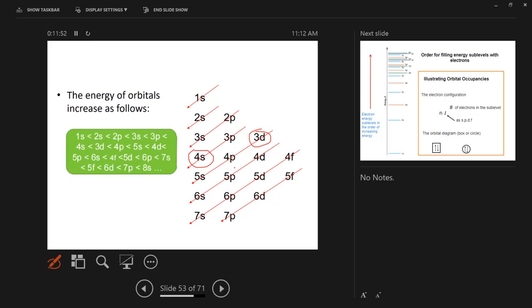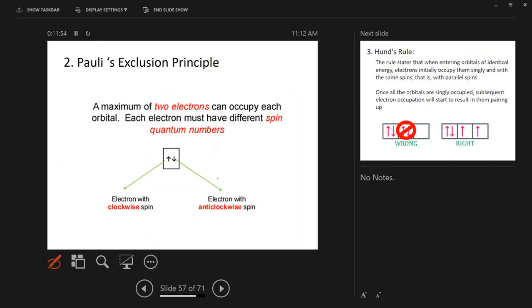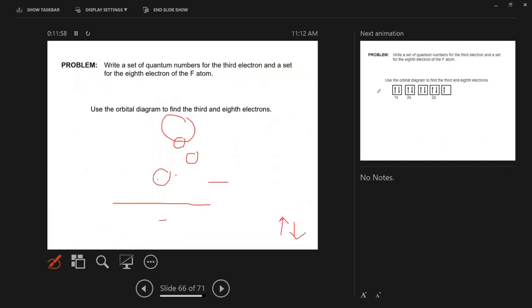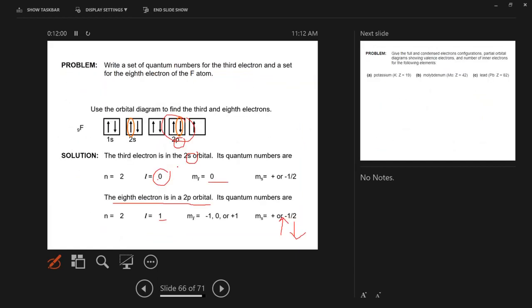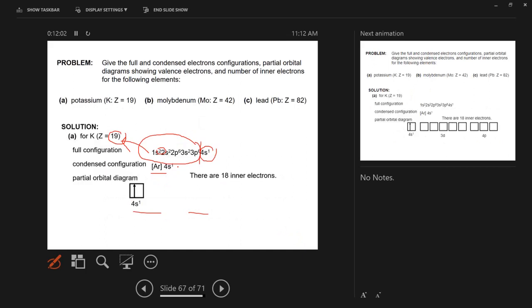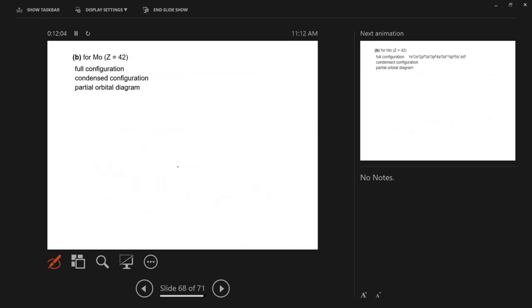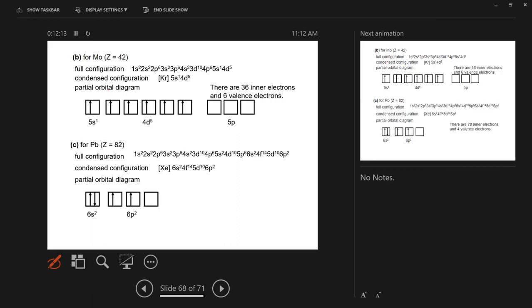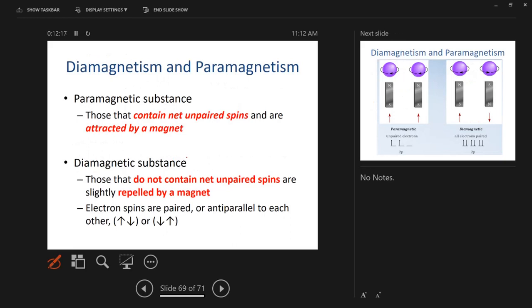So you kena ingatlah configuration ni. Memang yang tu you kena hafal. Here is for molybdenum, Mo is molybdenum. Same goes for previous one. Also for plumbum.